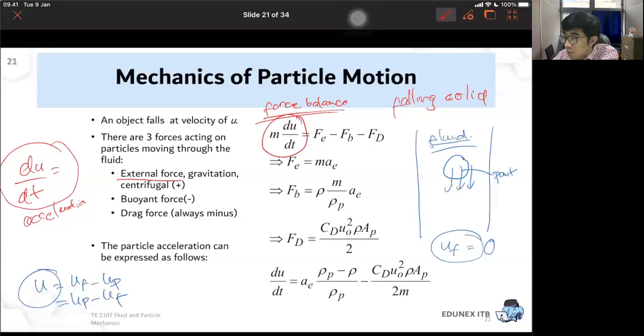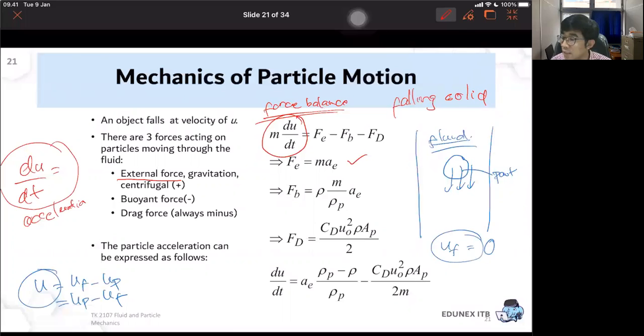If it's gravitation, then the external force comes from the weight force, or we can put it into the formula that the external force is the mass of the particles times the acceleration. The acceleration can come from gravitation if it's just falling particles, but if the particles experience centrifugal force, then the external force will be the centrifugal force. So for now, we just put it as mass times acceleration.